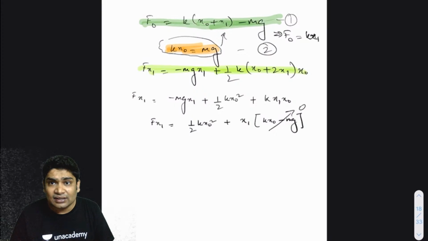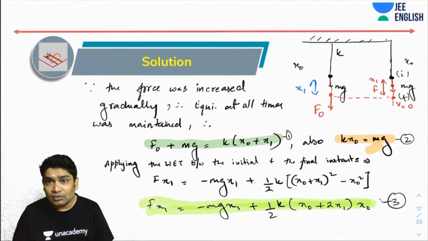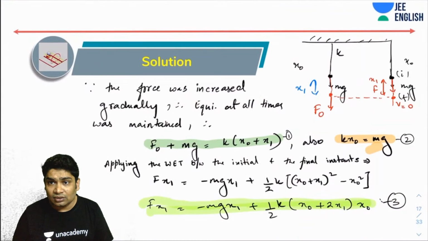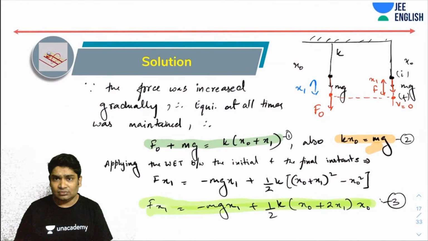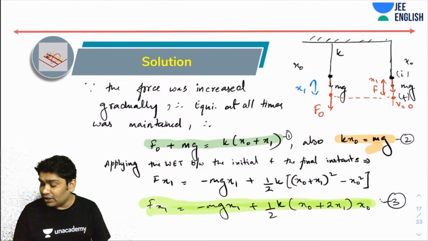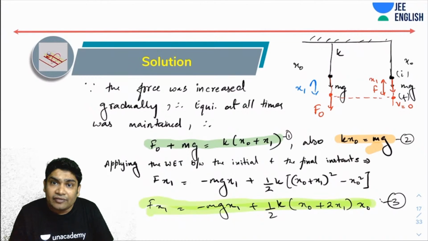Third equation is miswritten. F x1 minus mg x1 plus half k (x naught plus 2 x1) into x naught. No, I don't think so. Applying work energy theorem, work done by the force F would have been F times x1, because the elongation was x1.